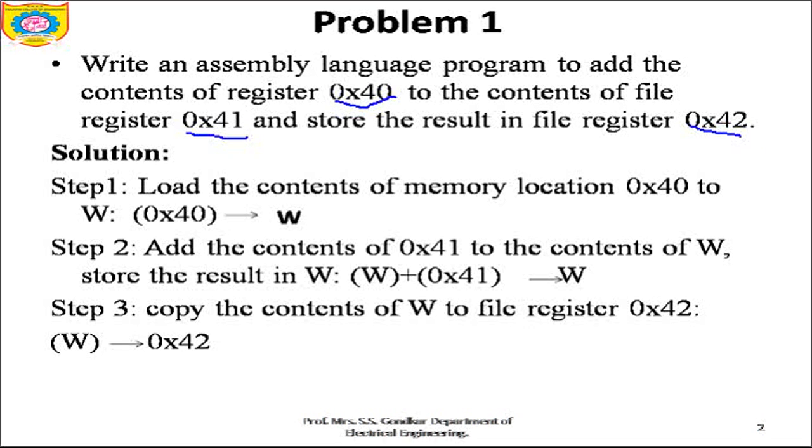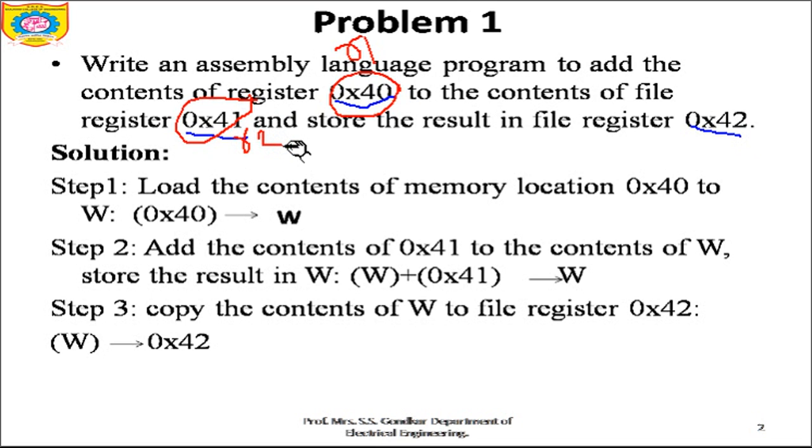So here you can see that you have to write a program for addition where two registers are given. Which are the two registers? The ones I am marking with red color are the two registers given: 0x40, called R1, and 0x41, called R2.